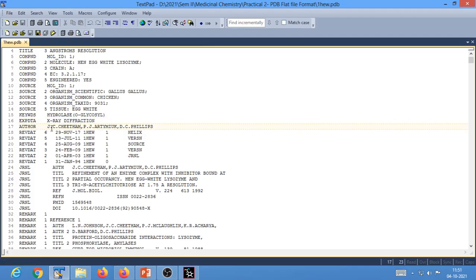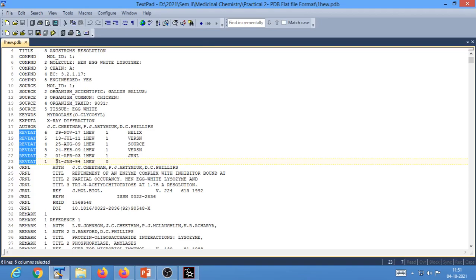So the author line gives you how many authors were involved in that study. REVDAT is this particular set of keywords that would give you an idea as to how many times this particular entry was revised.